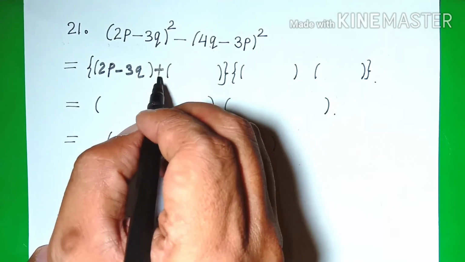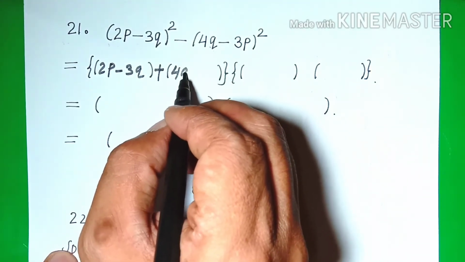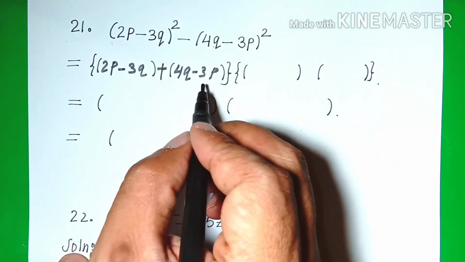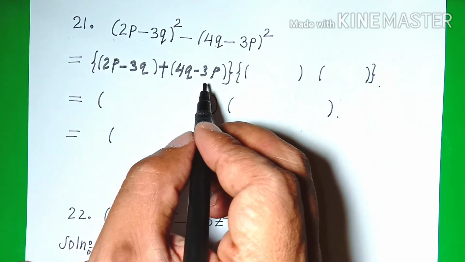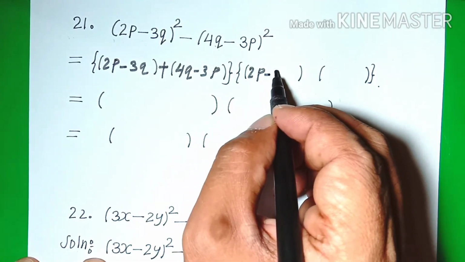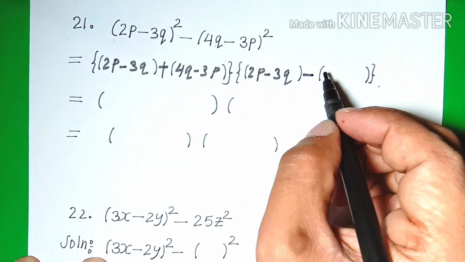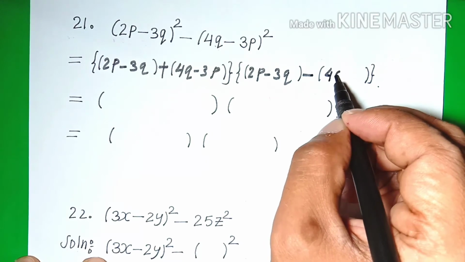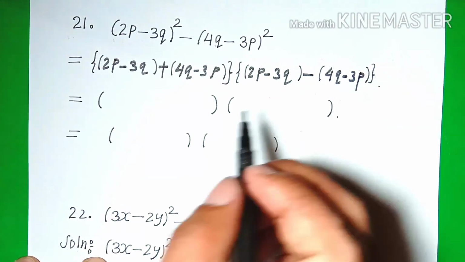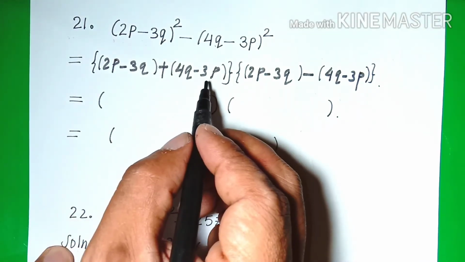First we take plus sign, after that the value of b, which is 4q minus 3p. A plus b done, now you have to take a minus b. A means again 2p minus 3q, minus b, which is 4q minus 3p. After that you have to remove the innermost bracket.